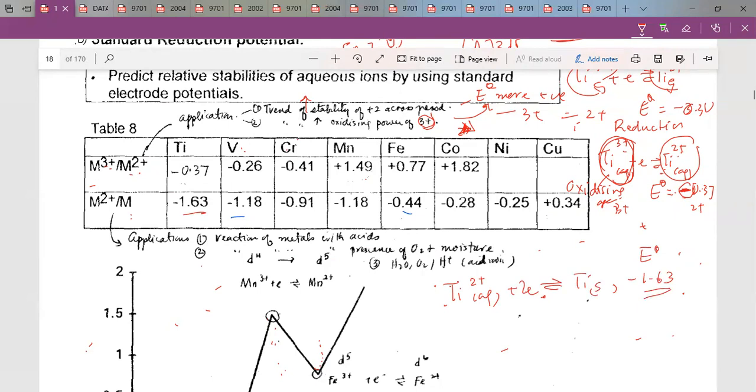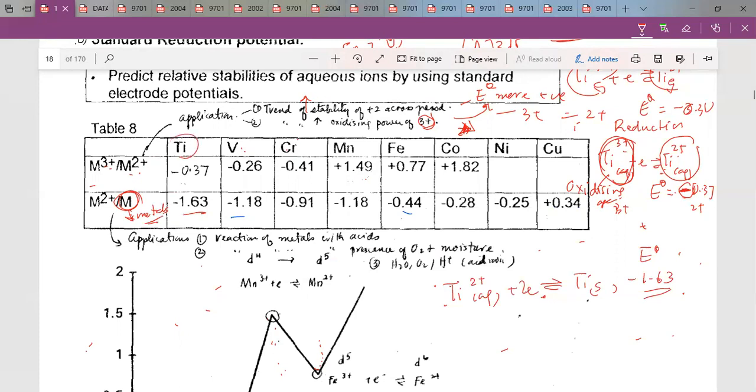Of course, this reduction thing is not very good for explaining the reactivity of metals because it's the metal. Normally if you become an electrical or mechanical engineer, you want to talk about the alloys, the metals. How reactive are the metals?